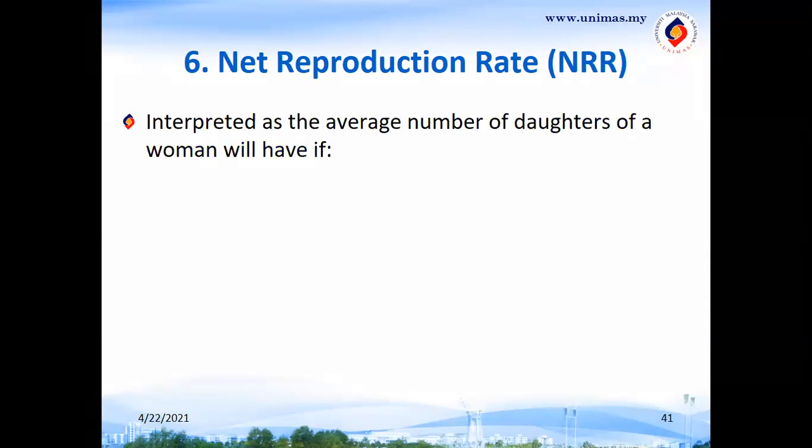refers to, ataupun interpreted as, the average number of daughters a woman will have. Ya, average number of daughters. Ya. Jadi yang awal tadi GRR itu merujuk kepada the number of female girls or daughters who were born. Ya. The net reproduction rate adalah average number of daughters of a woman will have.